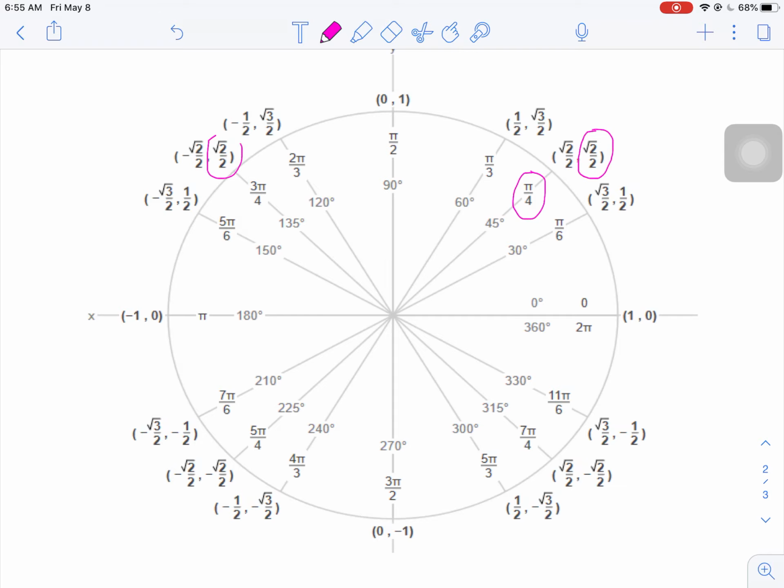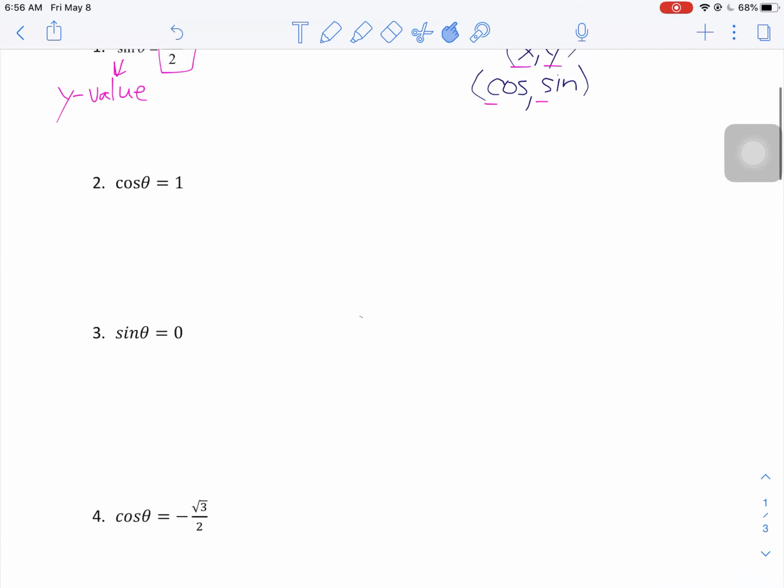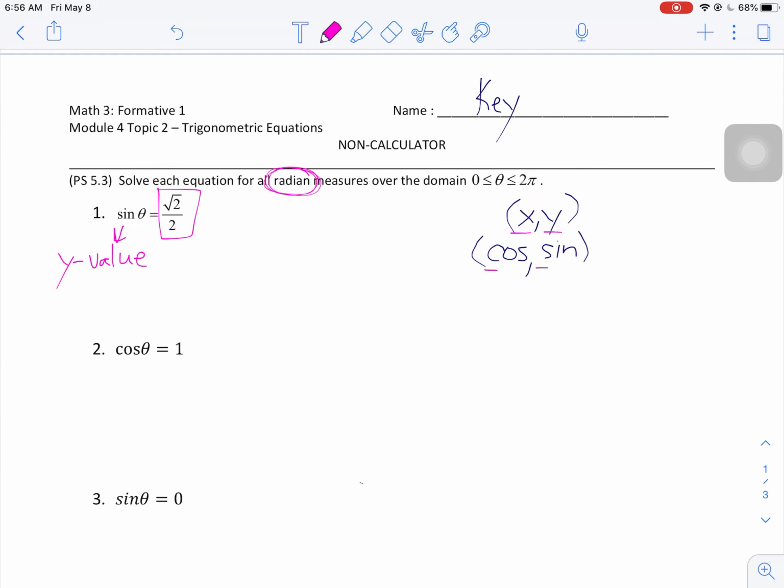The radian measurement of the angle that goes with that point on the unit circle is 3 pi over 4. So pi over 4 and 3 pi over 4. Those are your answers. So theta equals either pi over 4 or theta equals 3 pi over 4. That's all you do. It's that easy.